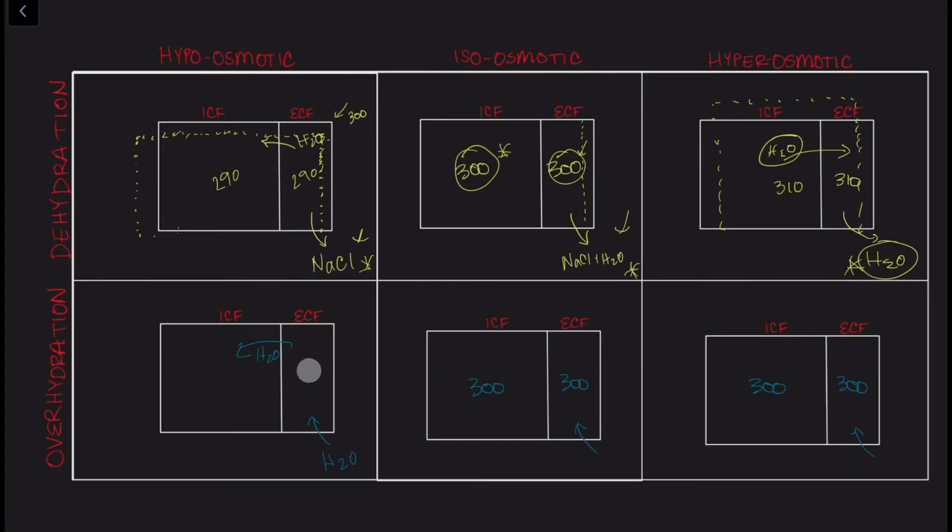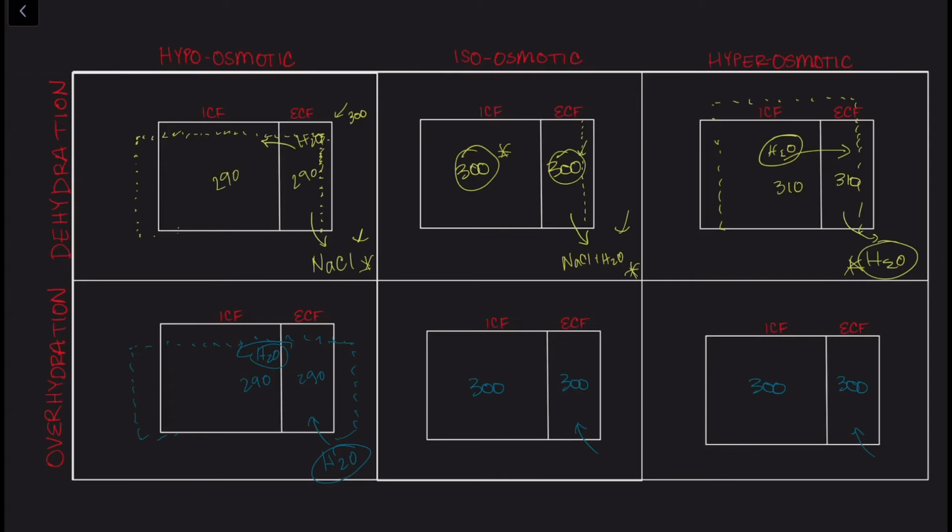Whenever that happens, we're going to change our osmolarity to maybe 290 and 290. So still hypoosmotic on both sides, but better than 280. So we're going to have that line below. And again, we've gained water in both the ECF and the ICF. So whenever we do that, we're going to show expansion of both sides, just like that.